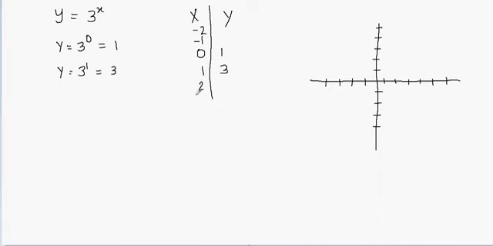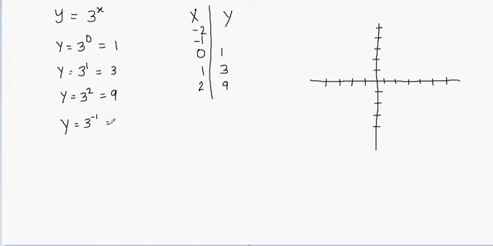Now let's plug in x equals 2. Then this will be 3 raised to the power 2, which is equal to 9. So when x is 2, y is equal to 9. Now let's say x equals -1. So y will be equal to 3 to the power -1.